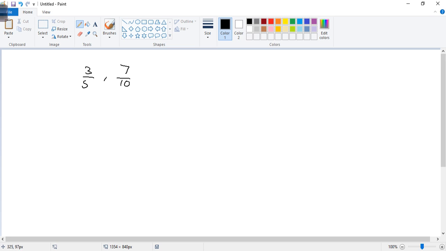This 10 is a multiple of 5. How to make 5 into 10? We multiply by 2. If we multiply the bottom by 2, we have to multiply the top by 2. 3 times 2 will be 6. And this one is 7 over 10. If we compare both of them, we'll say 7 over 10 is the bigger fraction.